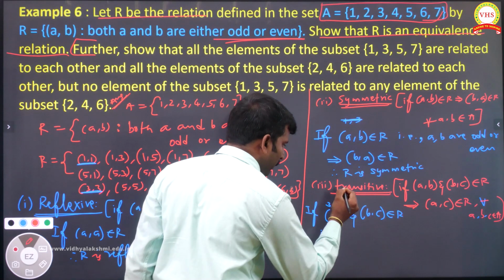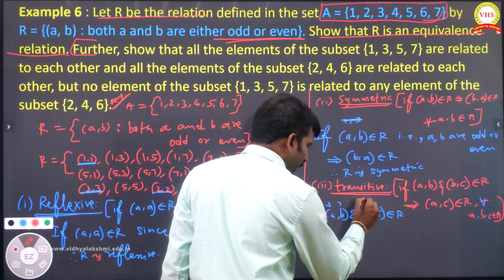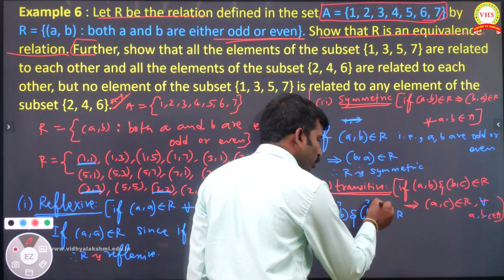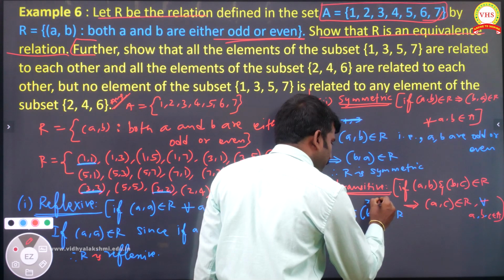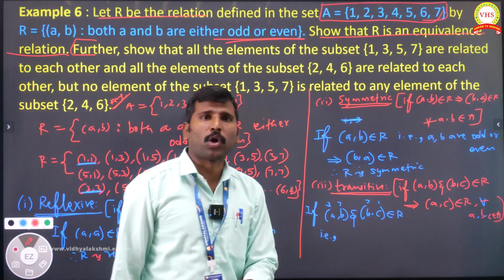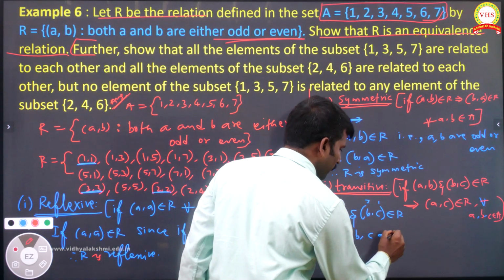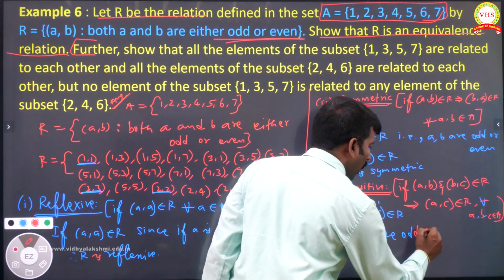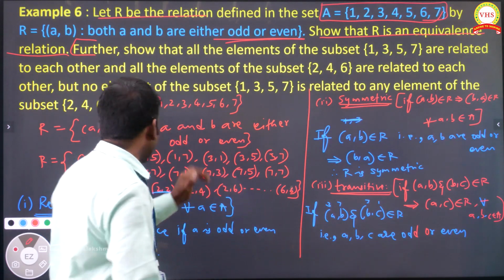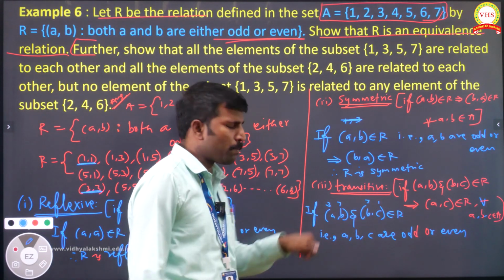Odd means either 7 or 5 or 1. Like that, b is 7 here, then here also b is 7. If it is 7, c should be an odd number, either 5, 1 or something. The thing is all the 3 are odd numbers, or all are even numbers. It can be odd or even. That is what the question says.